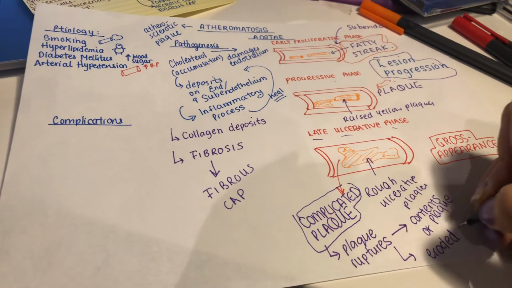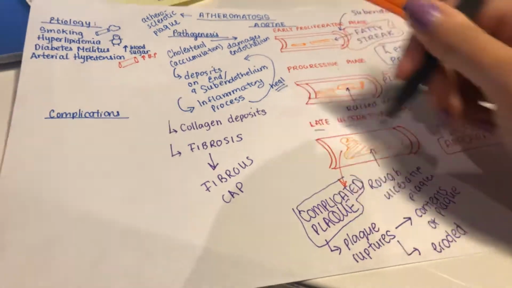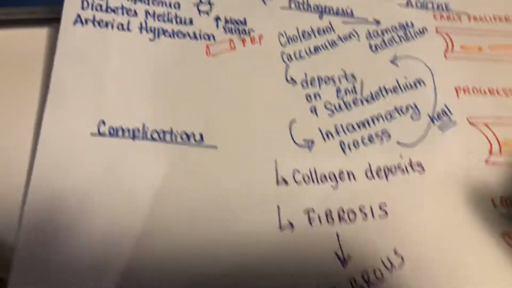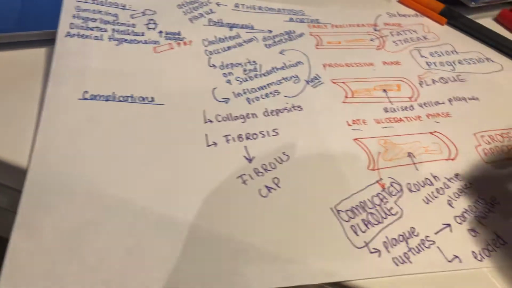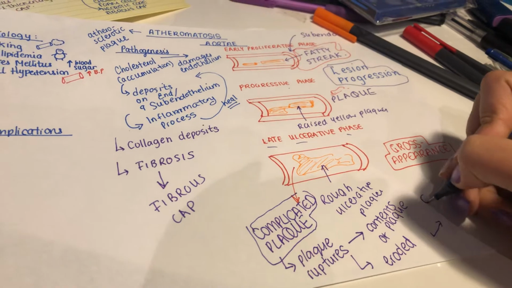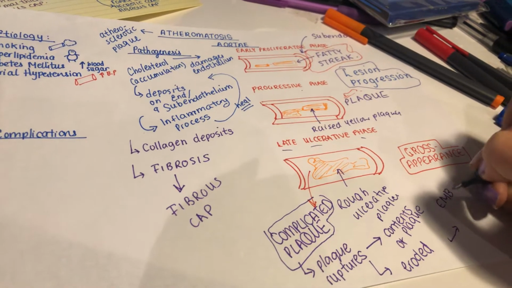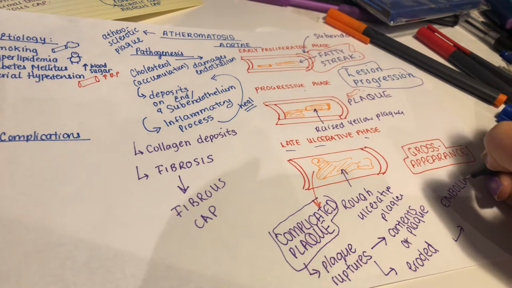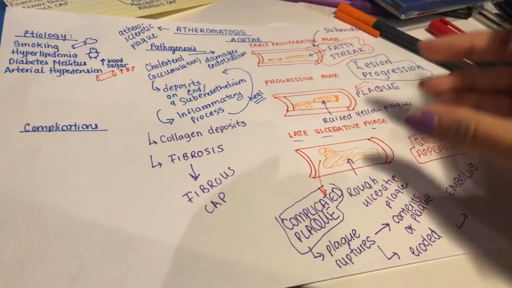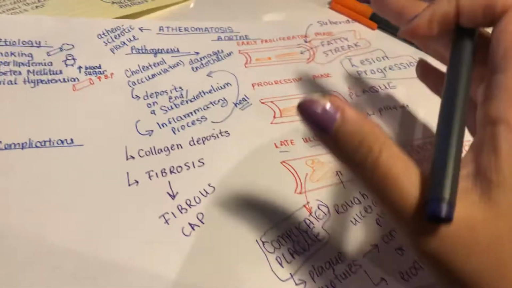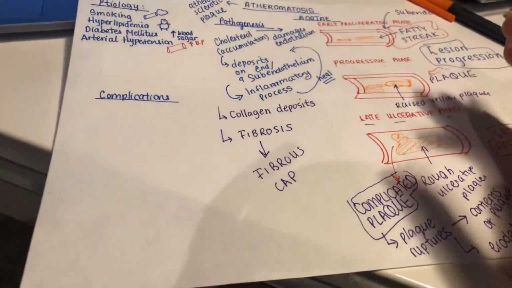Any complication that occurs to this plaque is known as a complicated plaque. If the plaque ruptures and contents enter the bloodstream, it can even form an embolus. We are familiar with a thrombus, which forms a blood clot. An embolus is something that dislodges and moves throughout the bloodstream and goes elsewhere.